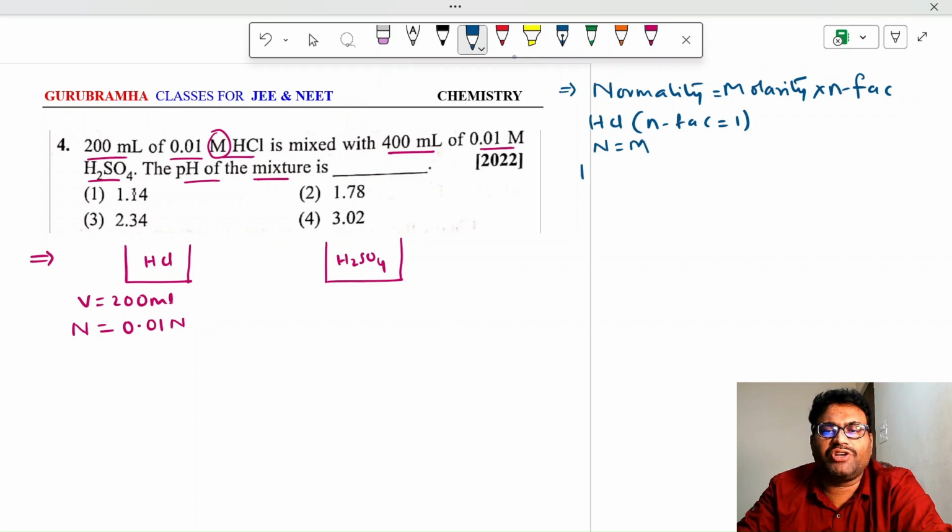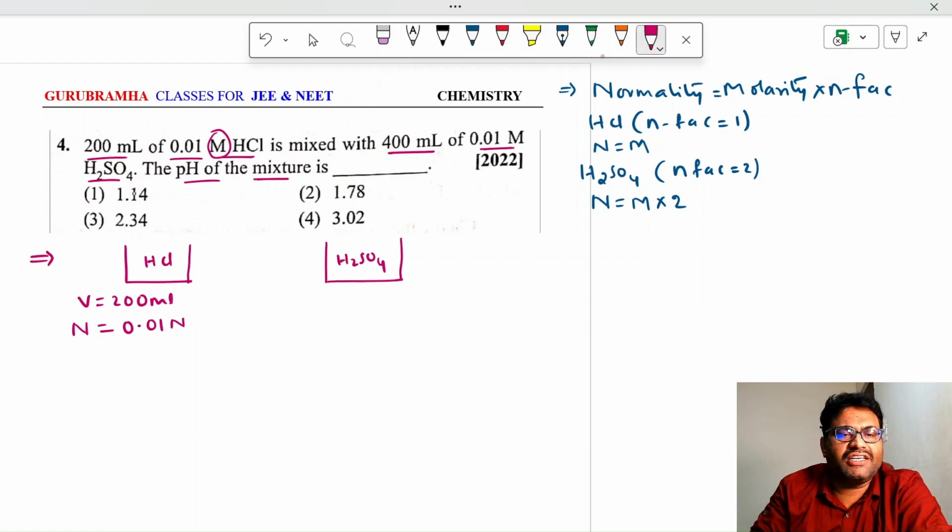And for H2SO4, the N factor is equal to 2. So normality is equal to molarity into 2. This is V1, N1, because let us take this as solution 1.